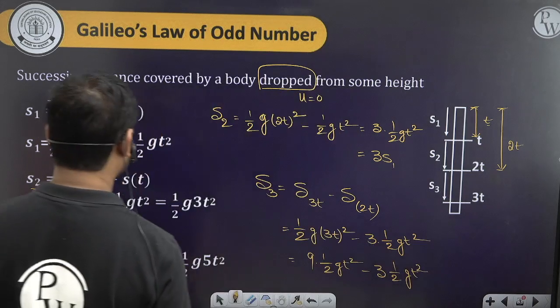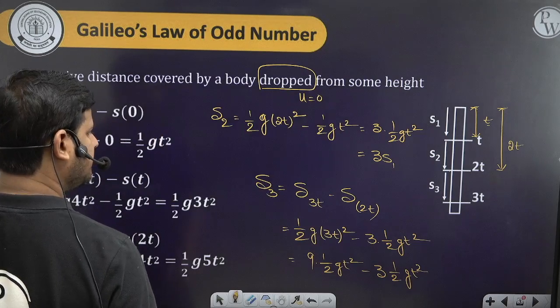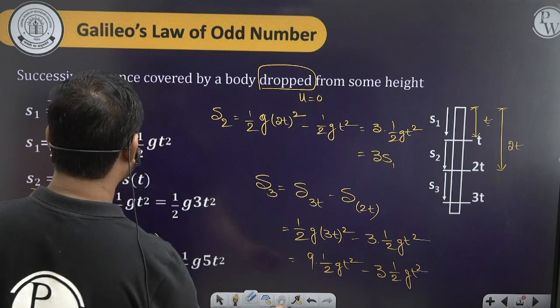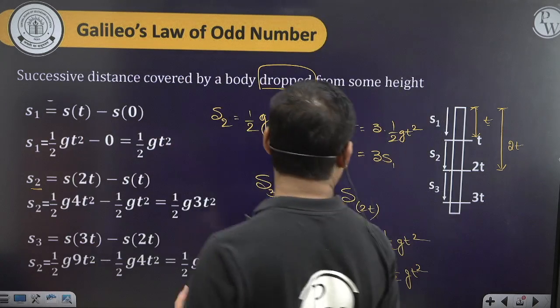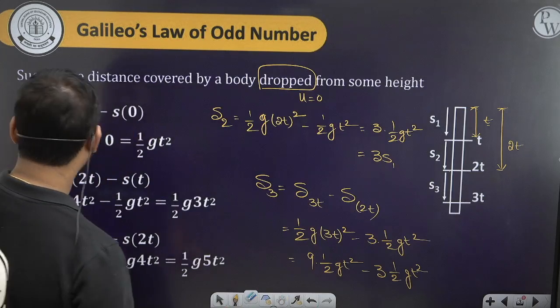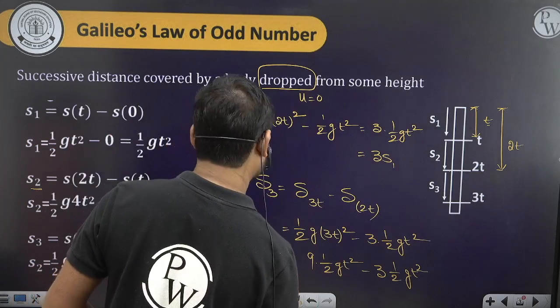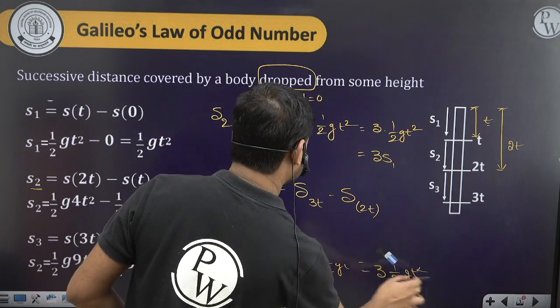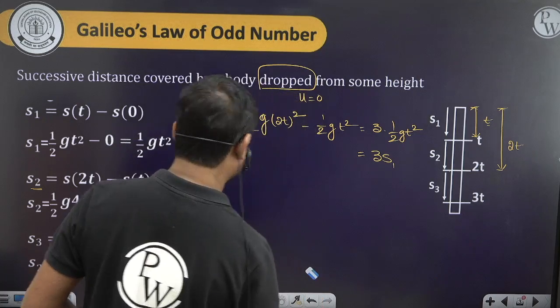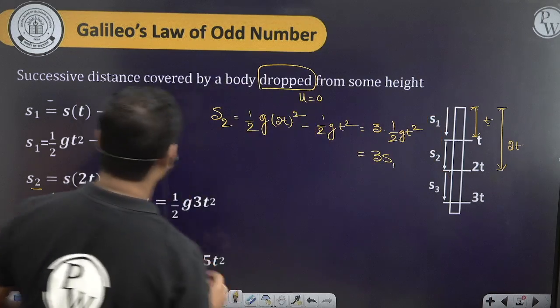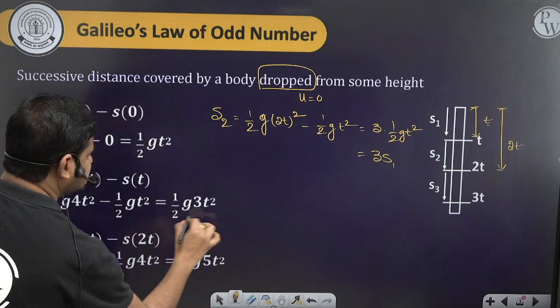Yes or no? Yes. So 9 minus, sorry, this is how much? 3gt square, right? S of 2t. What is the S of 2t? Just a minute guys. The distance covered in 3t minus the distance covered till 2t. So till 2t, how much it is? Only in the S2 it is half gt square.